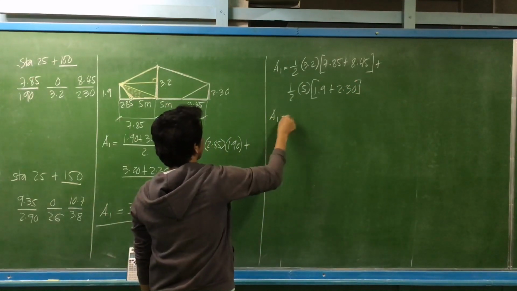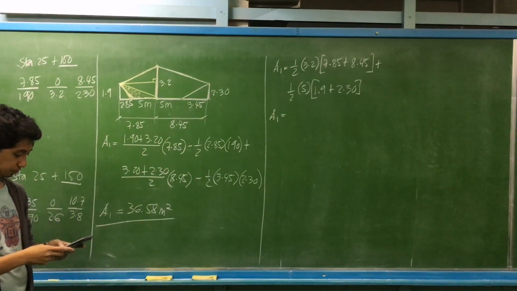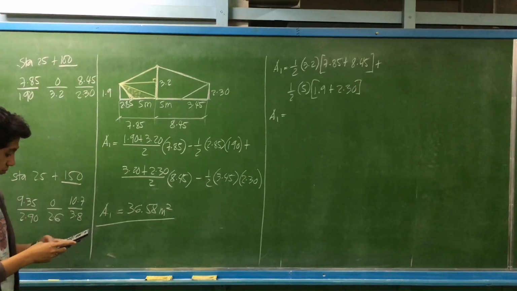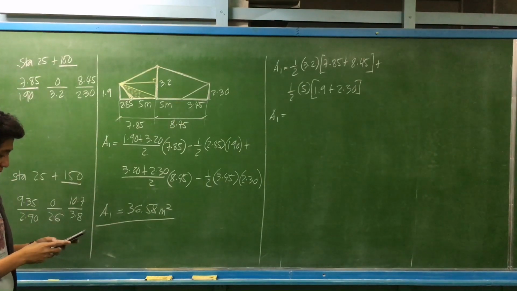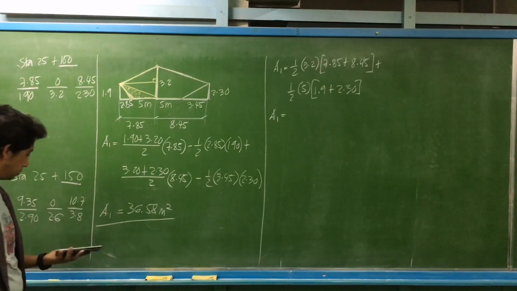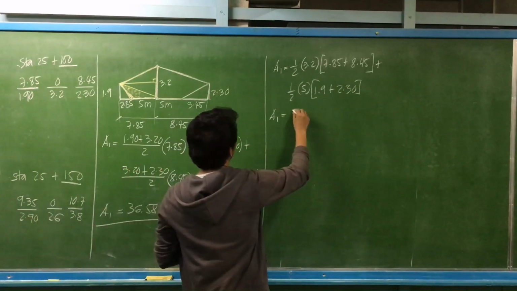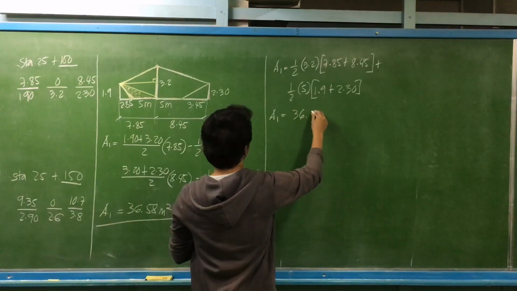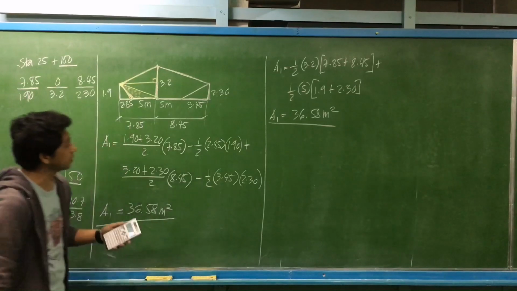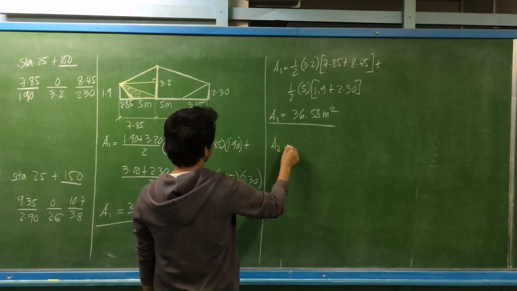So this is area 1. Let's check if we arrive at the same answer. It is the same, 36.58 square meters, just a bit simpler. So we can use that procedure to compute area 2.